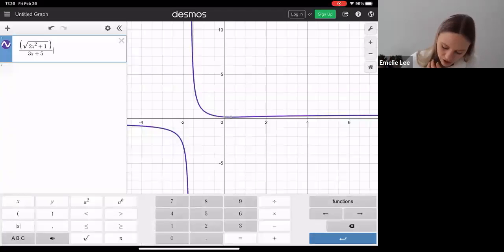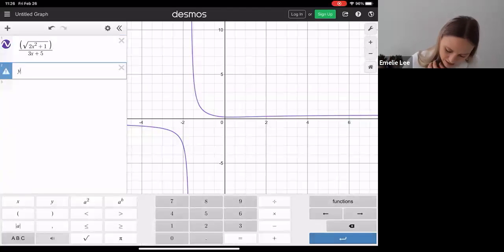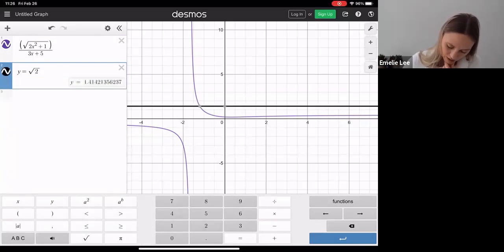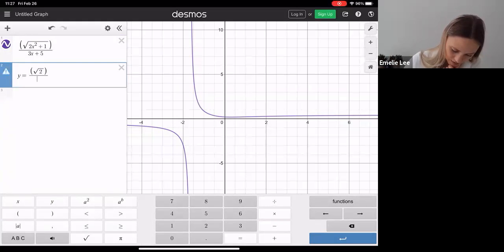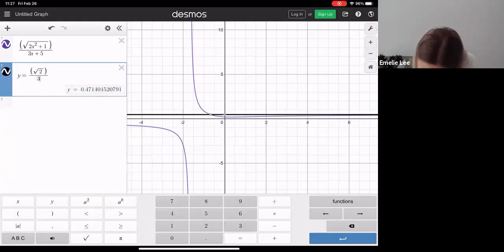And if you wanted to check, you could say y equals root 2 over 3, putting the root 2 in brackets here, over 3. And then it'll put a line at y equals root 2 over 3.